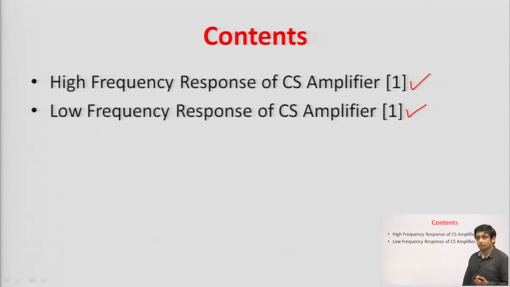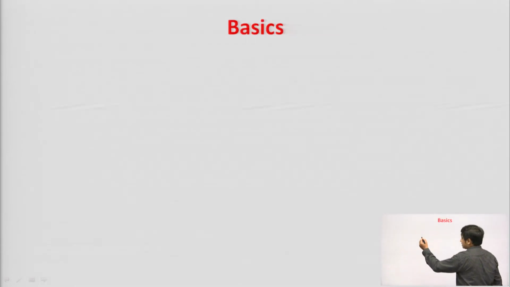I had discussed that the voltage gain of the common source amplifier or common emitter amplifier in BJT is not constant for all frequency. The gain is reduced at low frequency, and the gain is reduced at high frequency. I explained the reason in the last class.